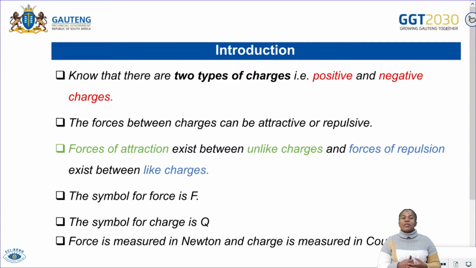Now for the symbol of charge, we'll use a capital letter Q. And then we measure charges in coulombs, capital letter C, that is the SI unit for the charge. To represent the charge itself, it's Q, but the SI unit for measuring the charge is coulombs, which is abbreviated as capital letter C. Now the force is measured in newtons, like we've mentioned, and the charge is measured in what?